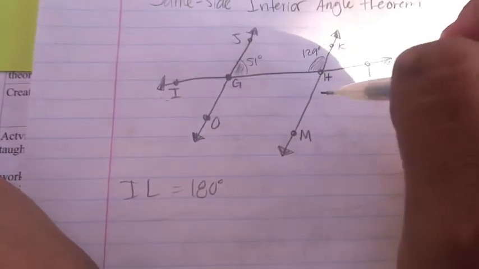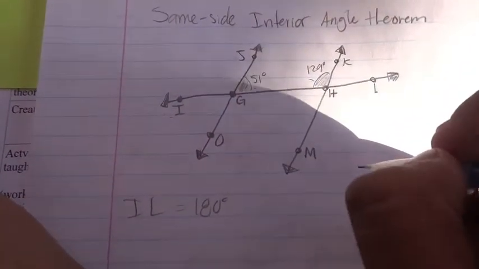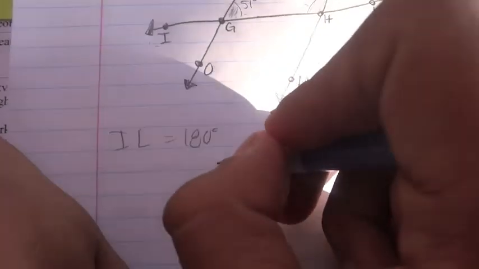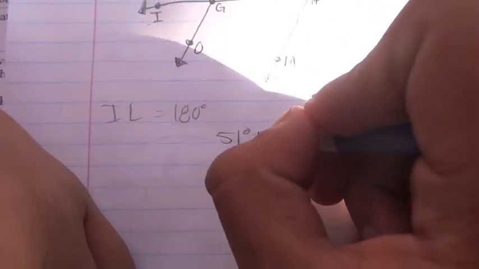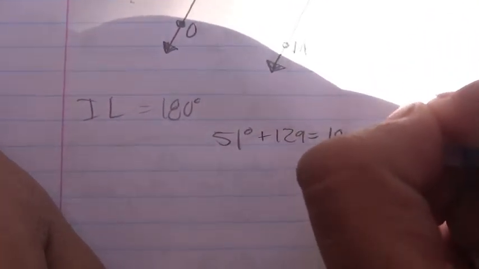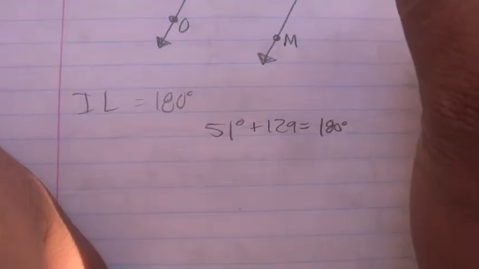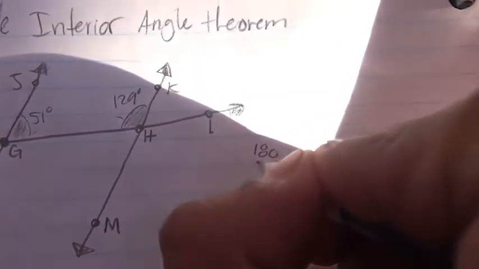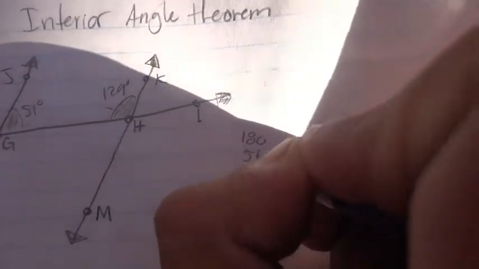What you do is add them both: 51 plus 129 will be 180, and you can prove that by subtracting 180 by maybe 51 or 129, your choice.